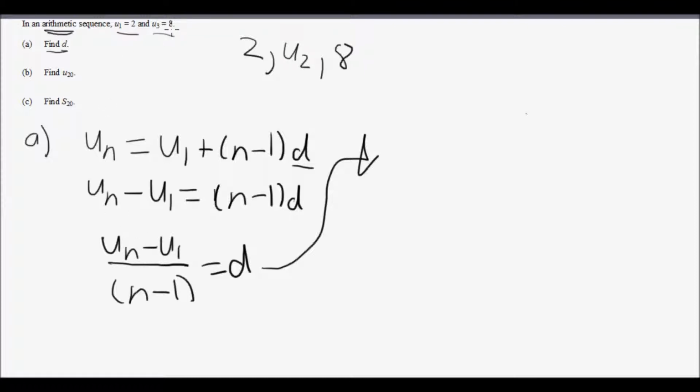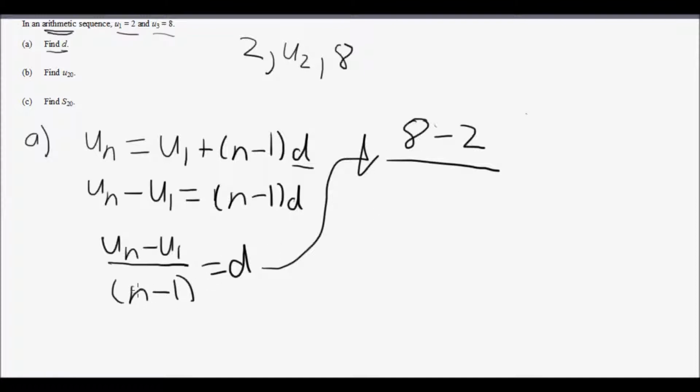And u of 3 is equal to 8, so we'll substitute 8 for u of n. The first term, u of 1, is given in the question also, and is 2. So we will substitute u of 1 with the number 2. Divide by n minus 1.